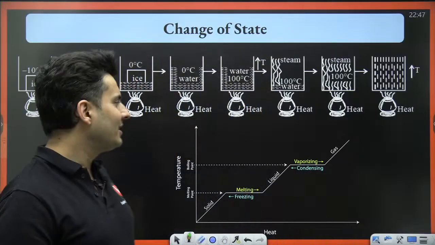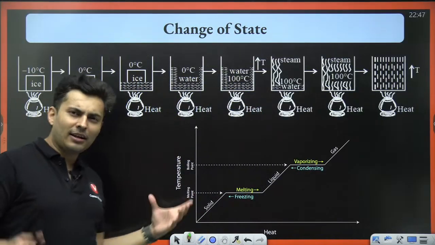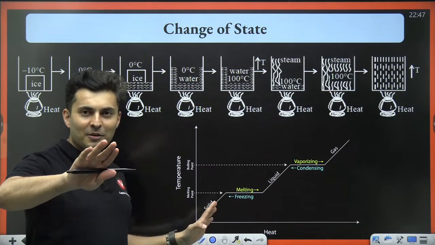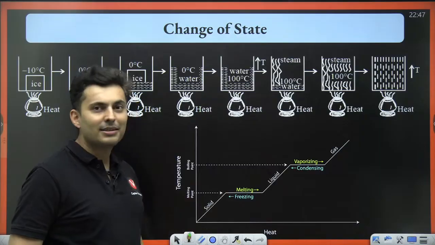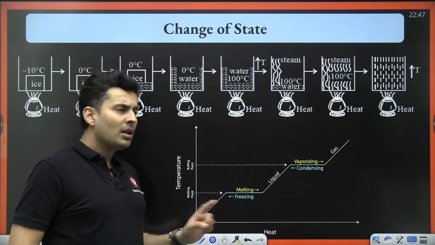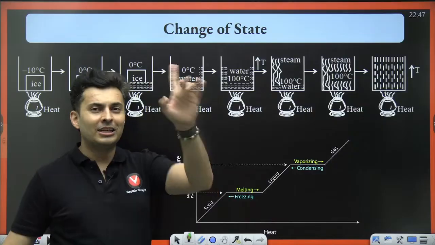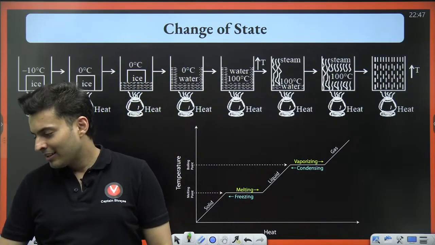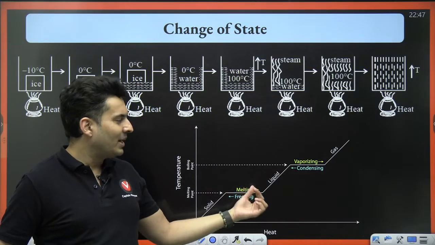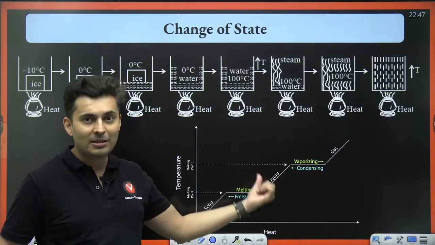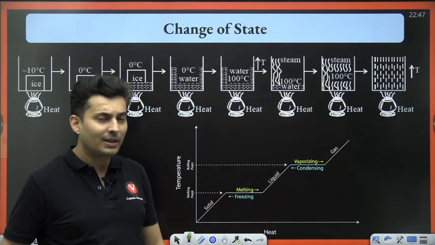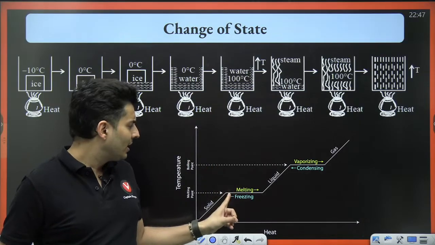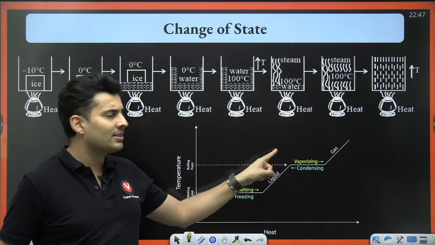You would have seen this. Imagine you take ice and heat it. It reaches the melting point, which is 0 degrees Celsius. You will see the ice melts into water, and till the entire ice melts, the temperature remains 0 degrees Celsius. Once the ice is melted into water and you heat it, the temperature again starts rising.